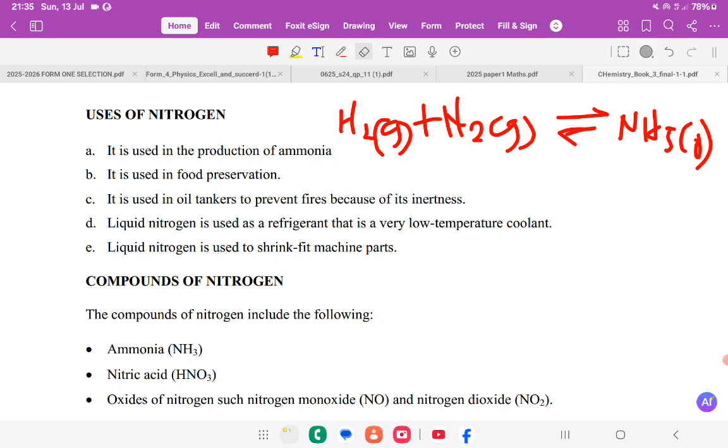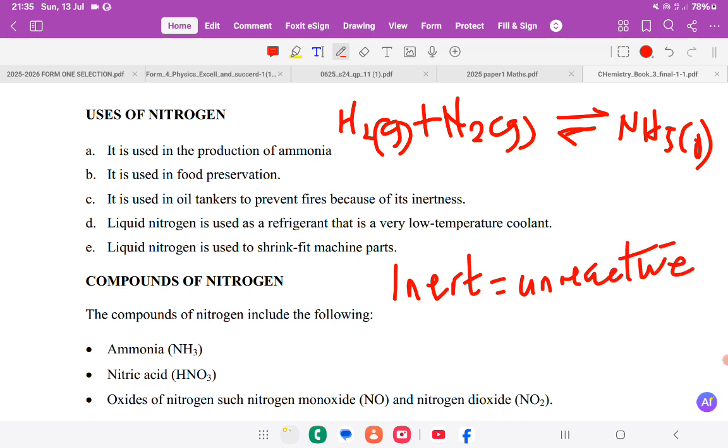in food preservation. Okay, some foods need to be preserved using nitrogen. Remember that nitrogen is a very inert gas, meaning it does not react with air. It's an unreactive gas.